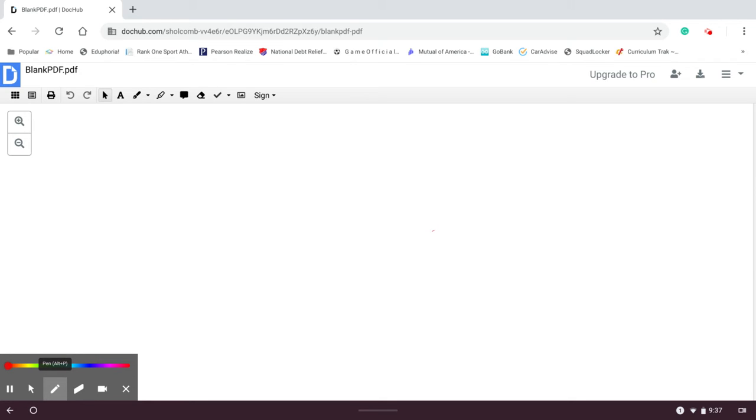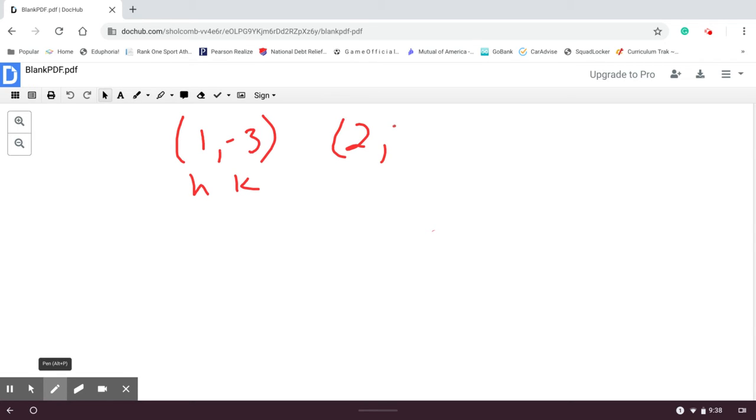What if you just get a center, (1, negative 3)? So there's our center, which is our h and our k. And they give you a point on the outside of the circle, (2, 2), which is an x and a y.